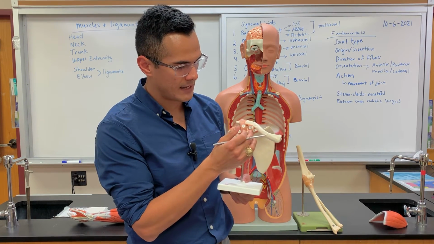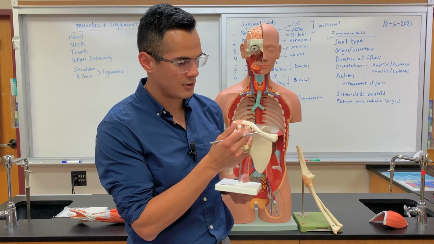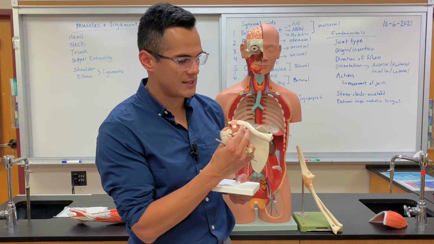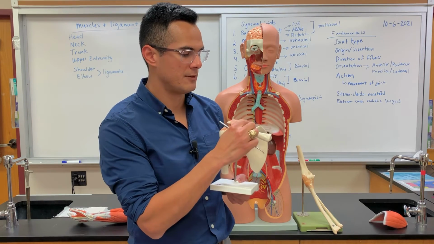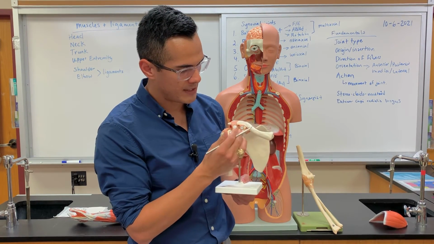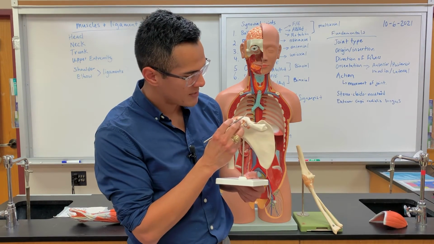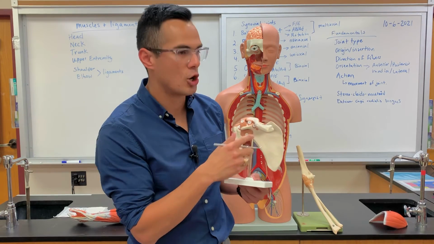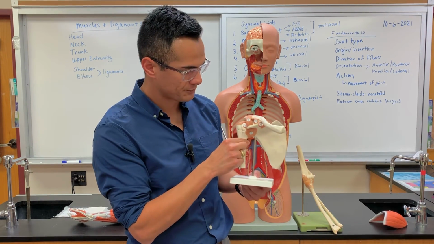So now if I look at here, this is from the coracoid to the clavicle. So both of these make up the coracoclavicular ligament. To get more specific, number 3 is the trapezoid, and then number 4, this is what's known as the conoid because it's shaped like a cone.